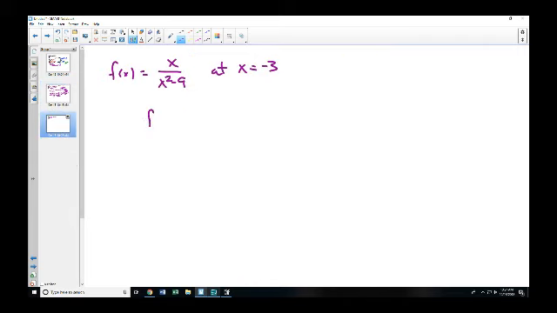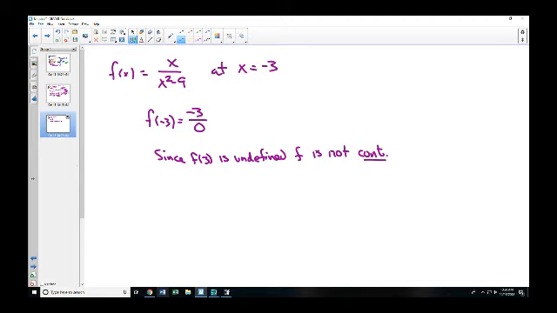So f at -3 is -3 over 0, right? And you would say, since f at -3 is undefined, f is not continuous. And you can abbreviate continuous, it makes it easier. They do accept that on the AP exam as well, because we know exactly what you're talking about. So you make some sort of statement, right?